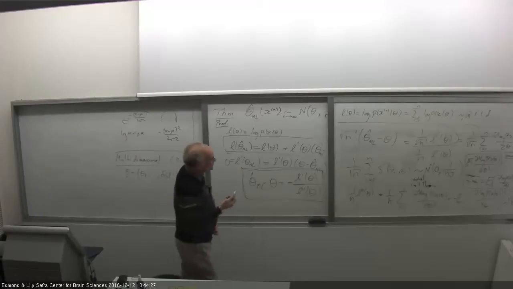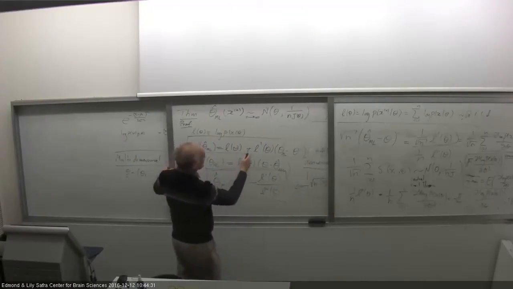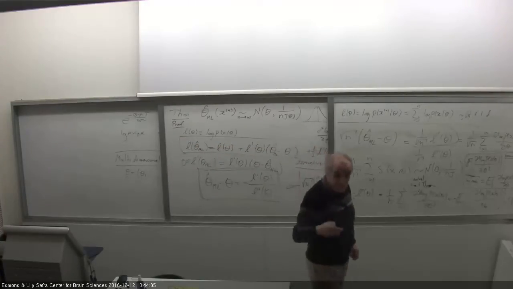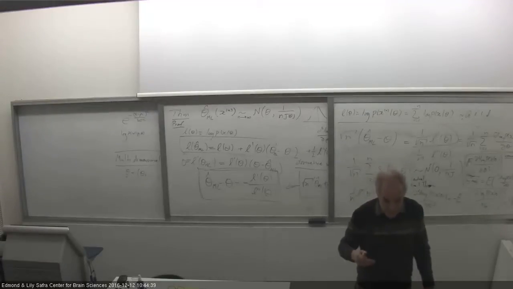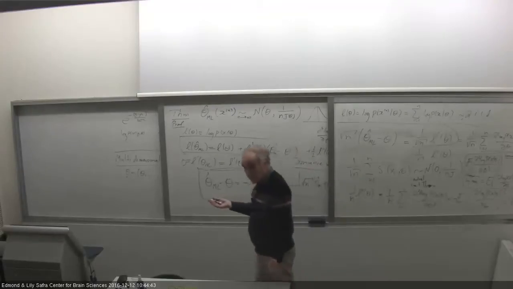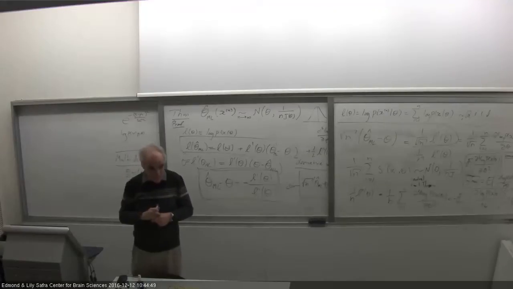I need to give the proper interpretation to all the terms here. So the derivative with respect to theta is now turned into a gradient. Okay? It's the vector of derivatives. The second derivative with respect to theta is turned into a Hessian matrix, which means the matrix of all the second derivatives, all the mixed second derivatives. Okay?